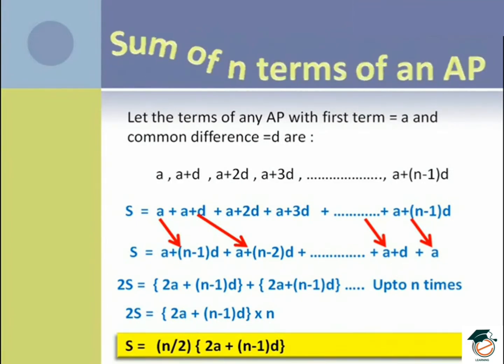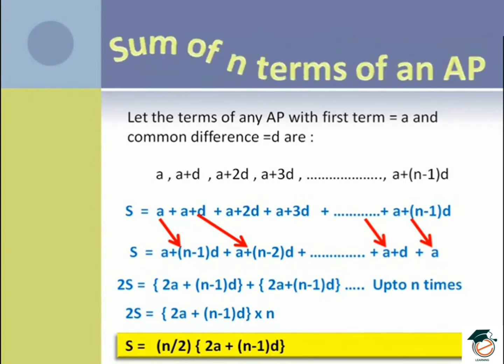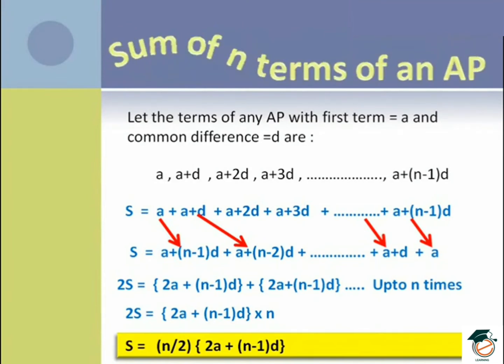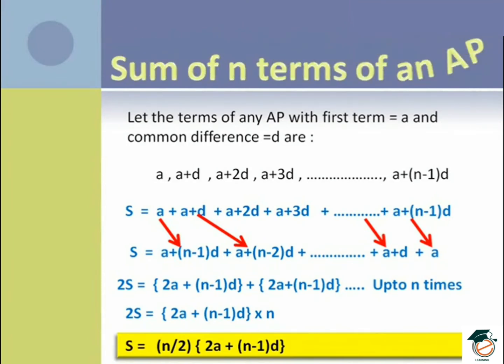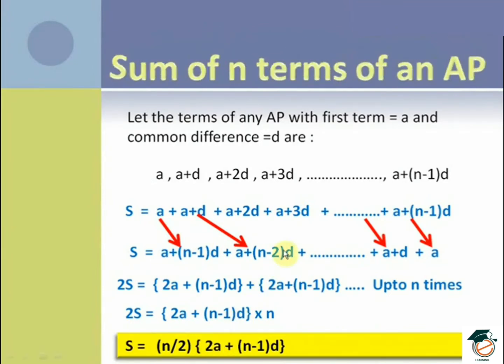Thus, the sum of n terms of an AP is equal to n by 2 into 2a plus n minus 1 into d. Here n is the number of terms, a is the first term, and d is the common difference of an AP. So this is the formula for finding the sum of n terms of an AP.